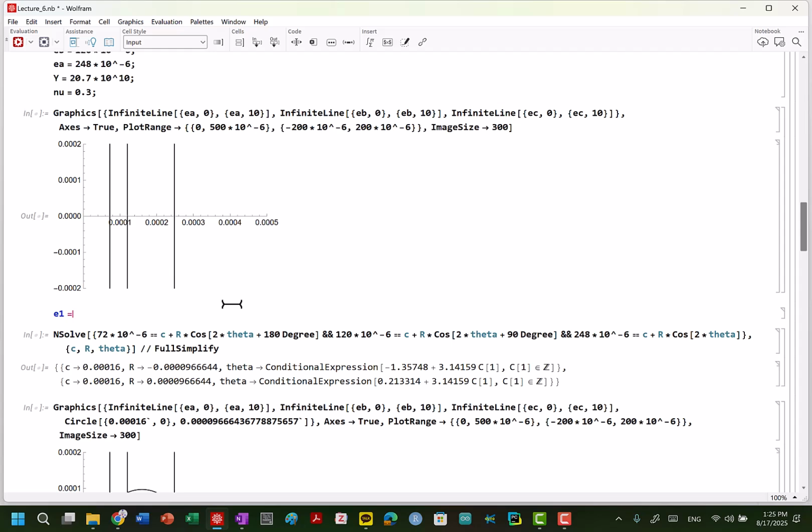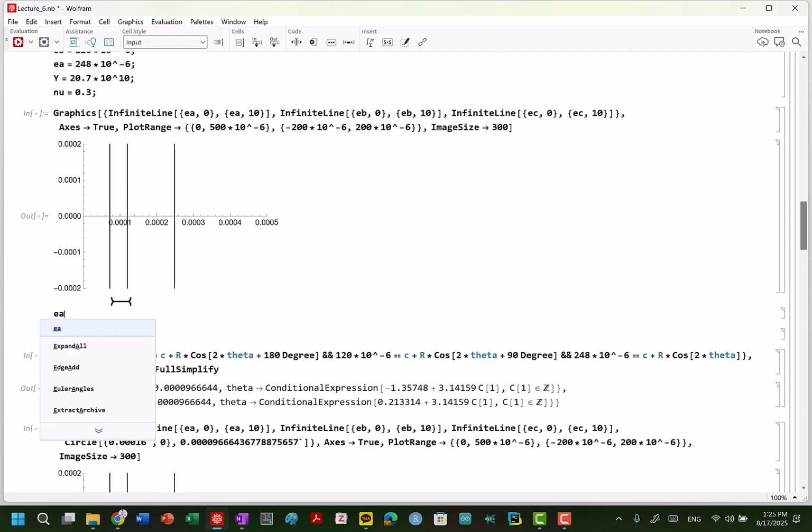Because we know the values, I'm going to set it up exactly like we solved it there. So 72 times 10 to the minus 6. Actually, why am I not using... Ooh, I see the EAs are flipped here.